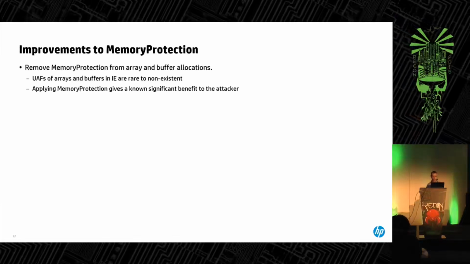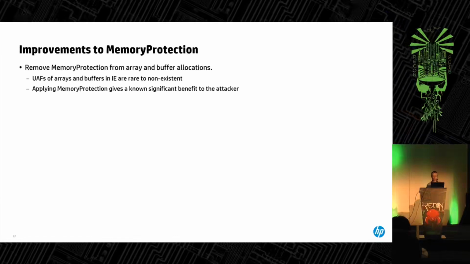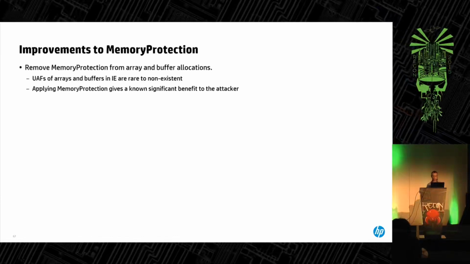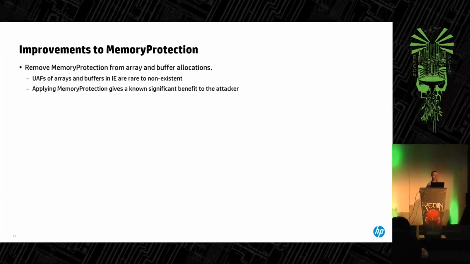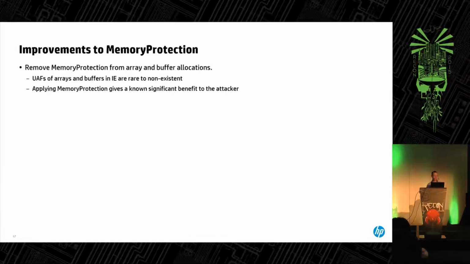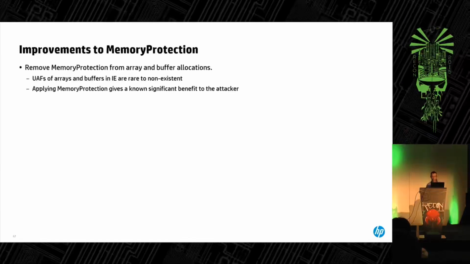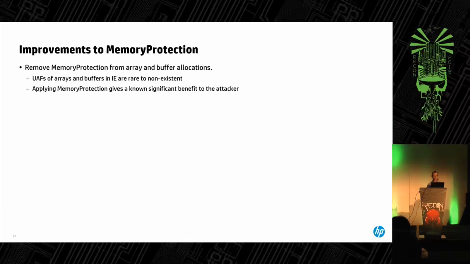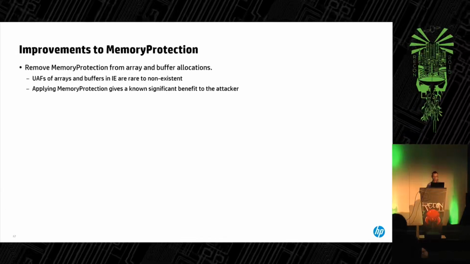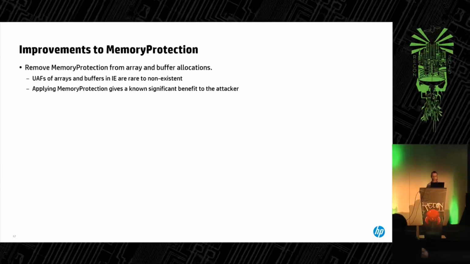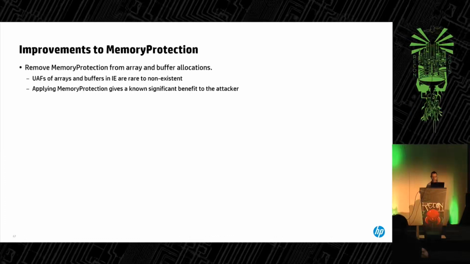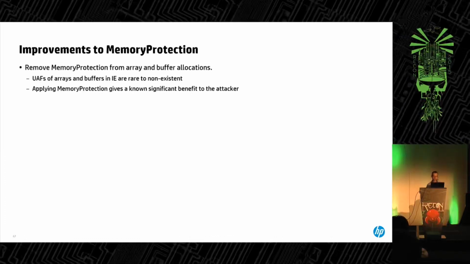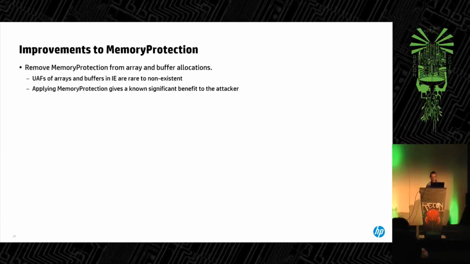Our rationale is that one almost never finds an exploitable use after free condition in Internet Explorer where the freed object is an array or a buffer. On very rare occasion, we have seen UAF cases submitted to the Zero Day Initiative where the freed object is some sort of string data, but in every case, these have turned out to be non-exploitable conditions.